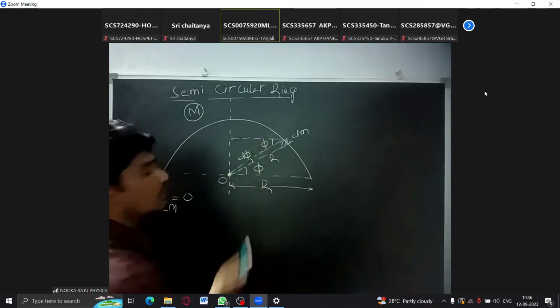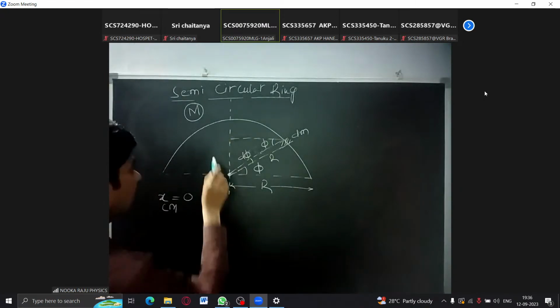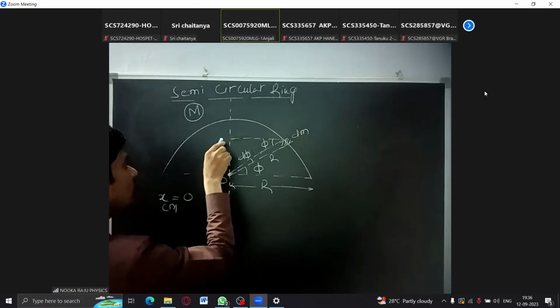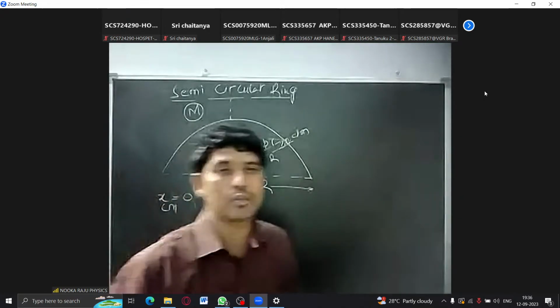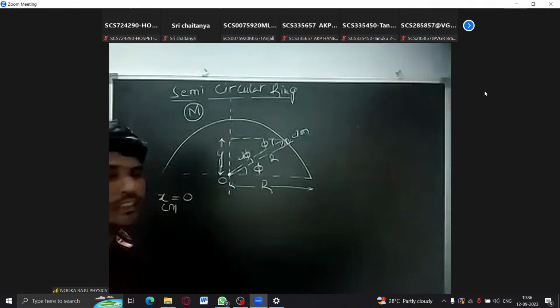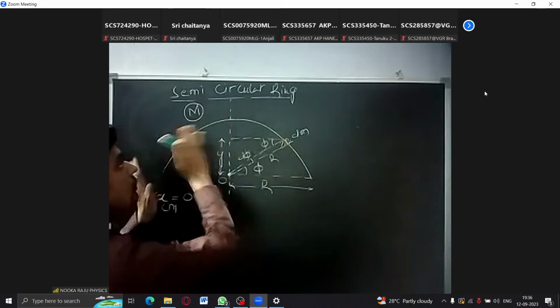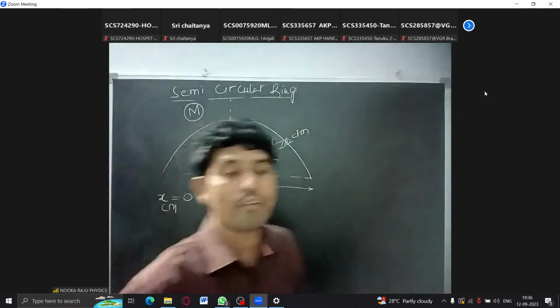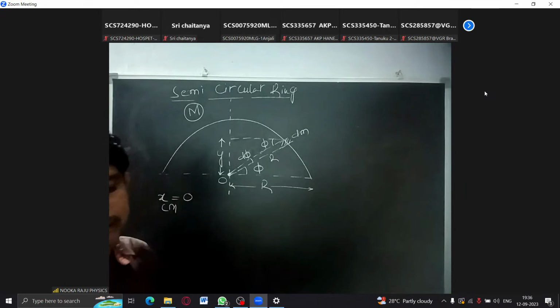And this is the y component, the y value, in the y direction. Y represents the radius, otherwise the y component. This is the diagrammatical representation of a semicircular ring. First of all, try to understand the terminology.